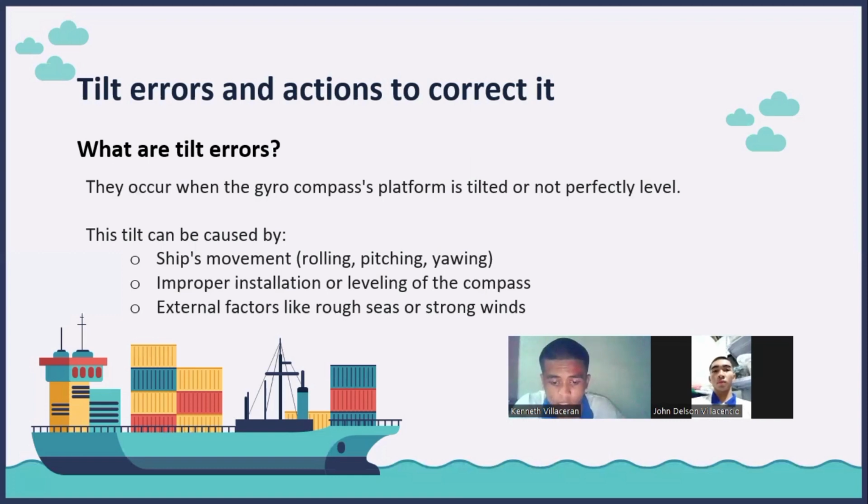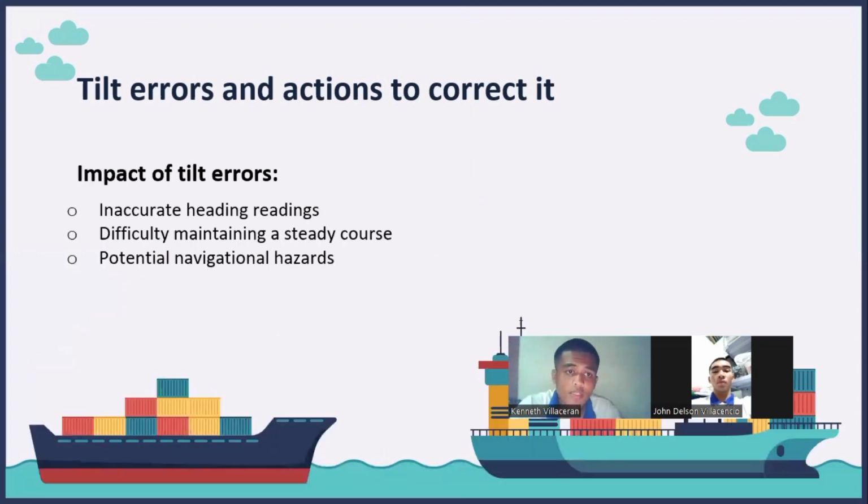In gyroscope measurement, tilt can introduce errors in gyroscope readings, affecting navigation and orientation systems. The impact of tilt errors: inaccurate readings, difficulty maintaining a steady course, potentially navigational hazards.